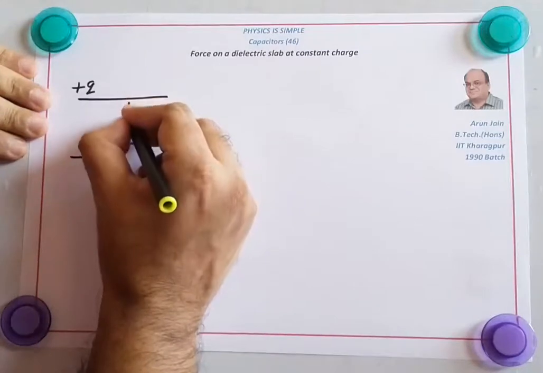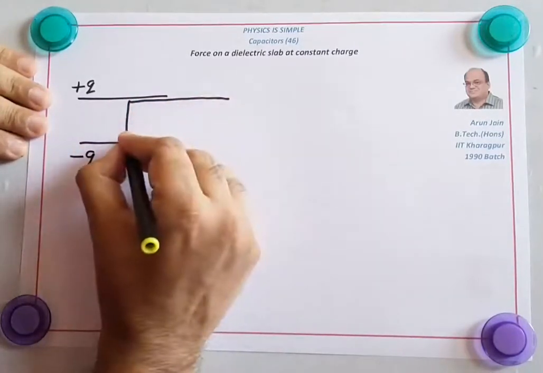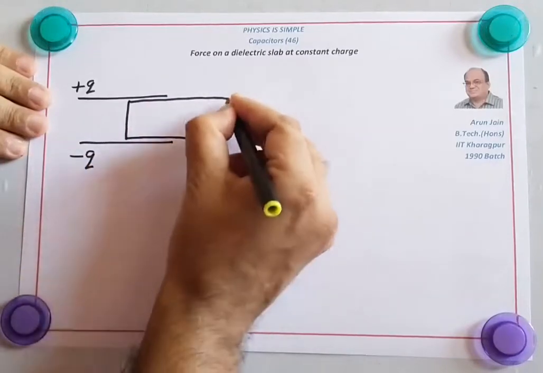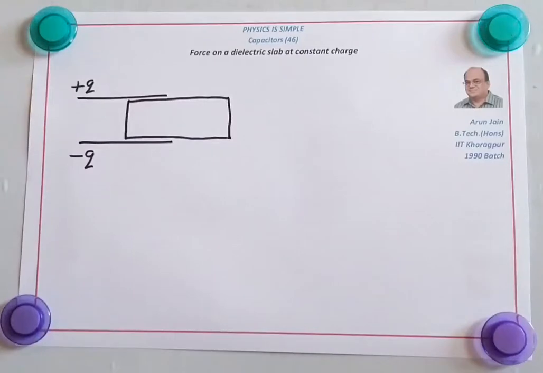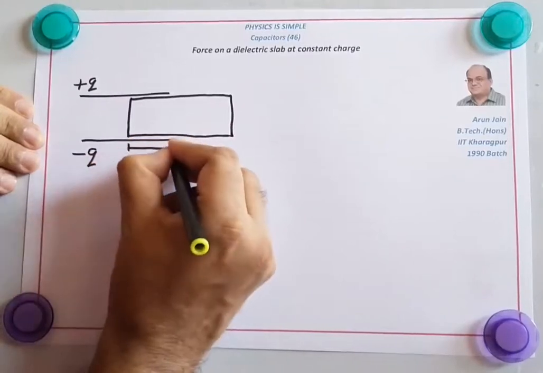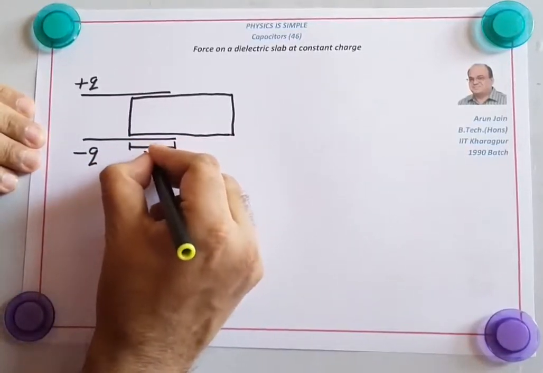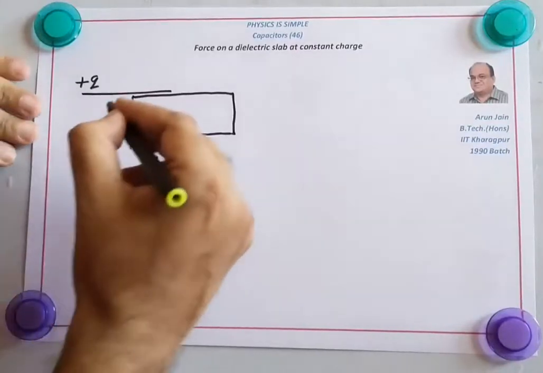Now here is a dielectric slab whose dimensions are the same as the space between the capacitor plates. This dielectric slab is partially inserted into the capacitor. So X length of the dielectric is inside the capacitor now.